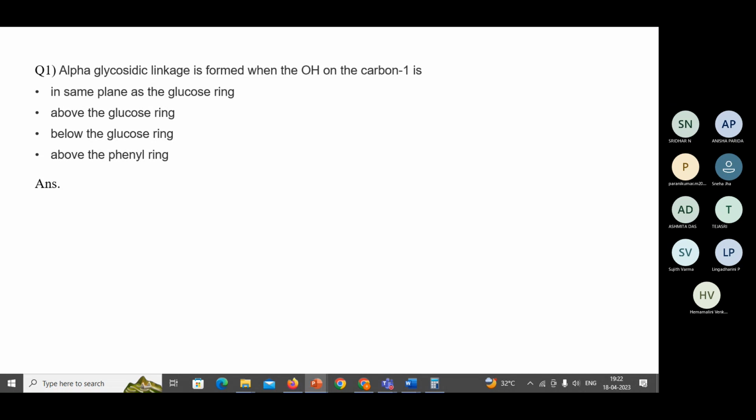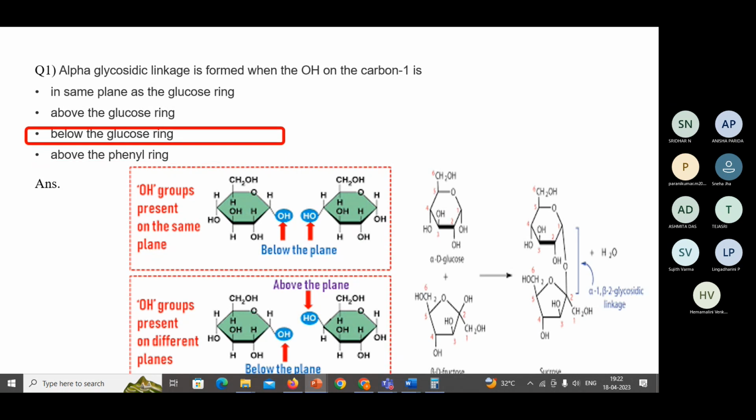Okay, so the correct answer is below the glucose ring. So this is coming for this glycosidic linkage.